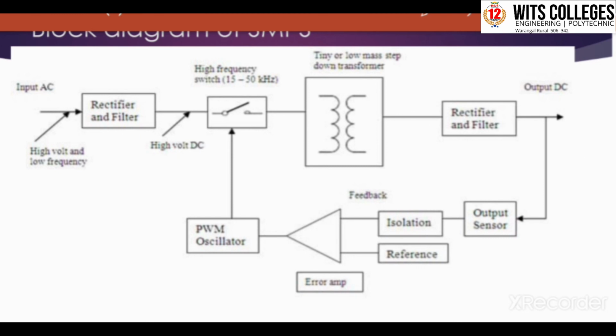The output DC waveform goes back to the switch using output sensors, an error amplifier, and pulse width modulation. So this is the closed loop regulator.